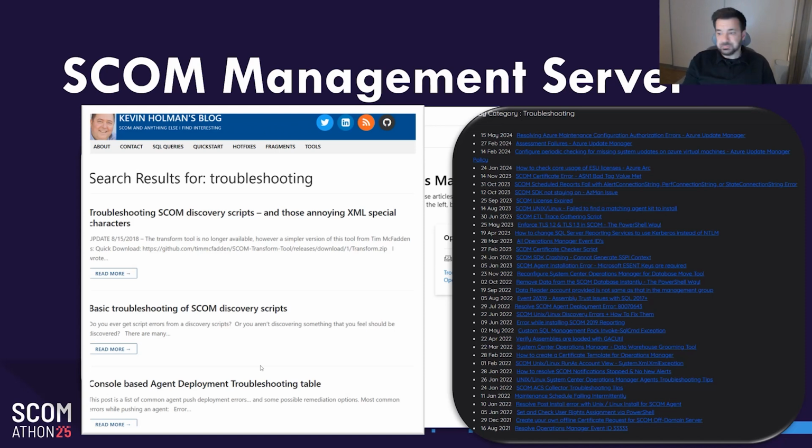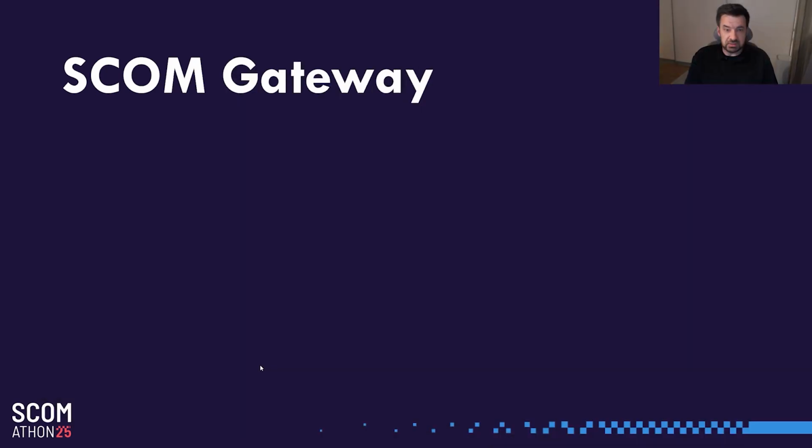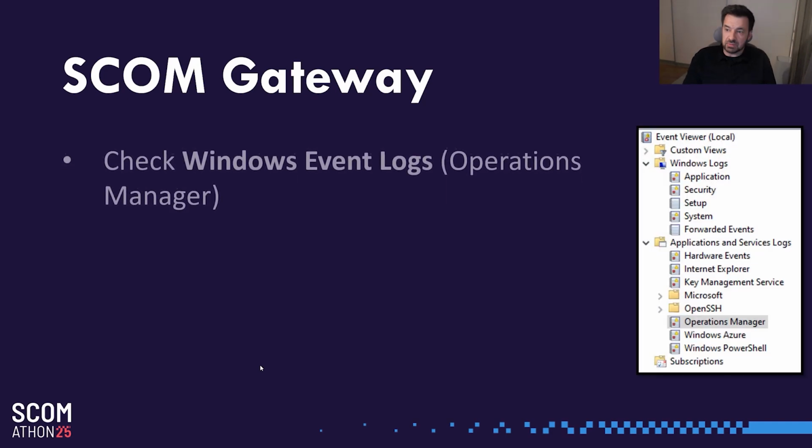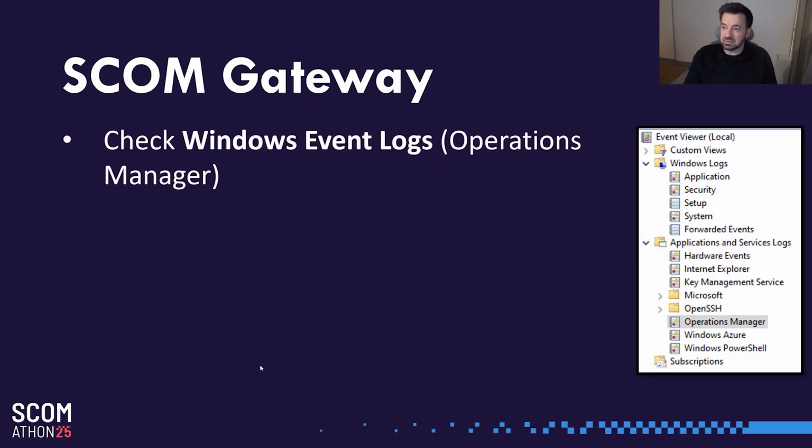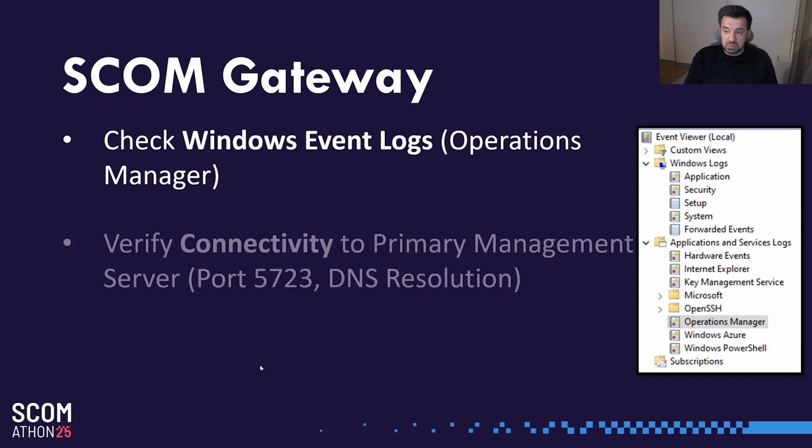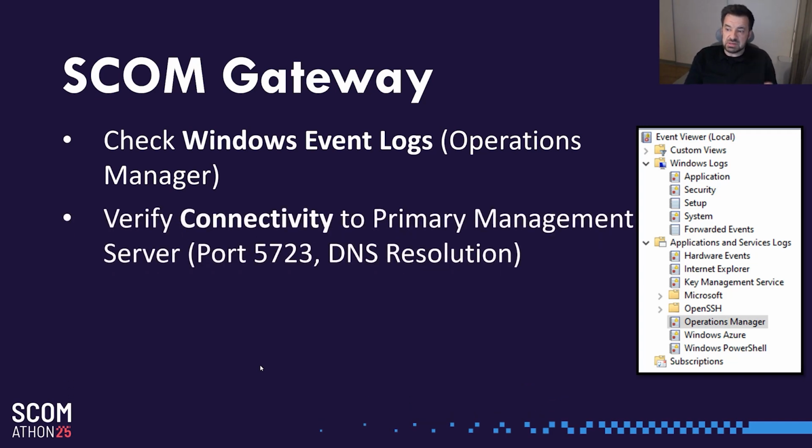So, so far we've covered the SCOM management server, or how to troubleshoot it. And now let's move to the SCOM gateway. It's not trivial that we can say turn to the Windows event logs for more information, but also make sure that the connectivity of your SCOM gateway to its primary management server is there.